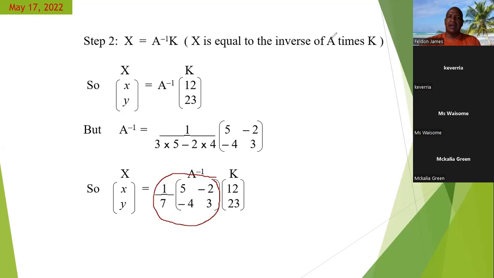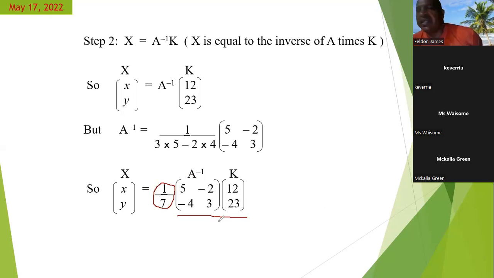So this will be A inverse times K. And what you do is multiply out the matrix section first. Multiply the 2 matrices first and leave the fraction for last. So you multiply 5 times 12, 60, minus 2 times 23, that would be negative 46. 60 minus 46 will give you what?